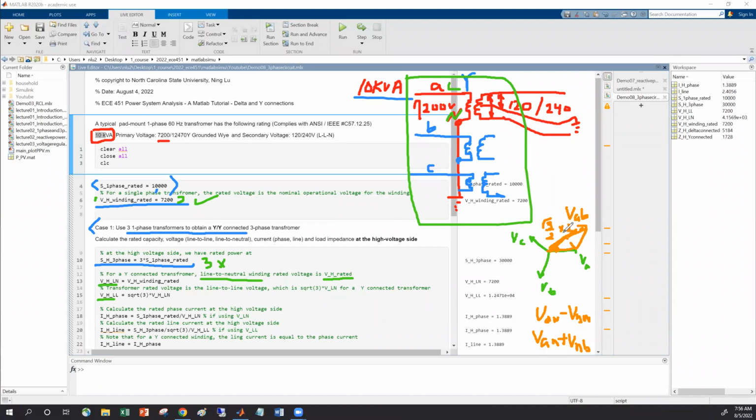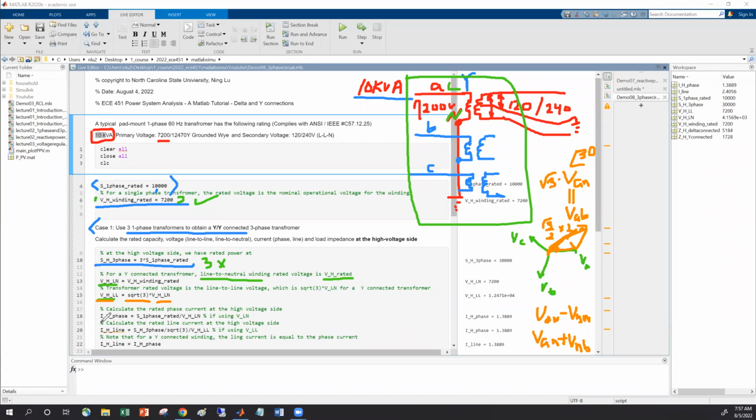So you times 2, then you can get that VAB equals square root of 3 times VAN. And then the angle here is 30 degrees, right? So it's leading 30 degrees. But here we're only calculating the magnitude. So what we have is simply square root of 3 times VLN, which is this line-to-neutral voltage. So this is how we calculate the line-to-line voltage.